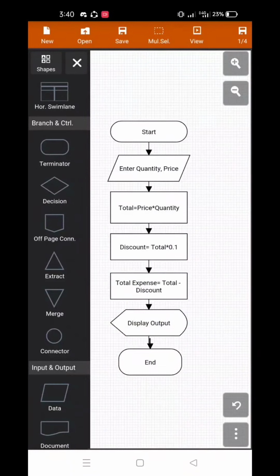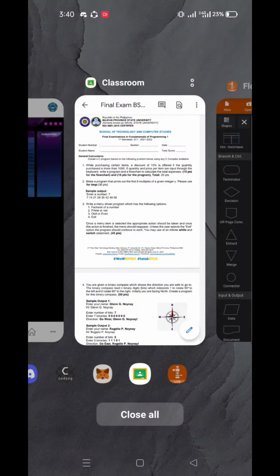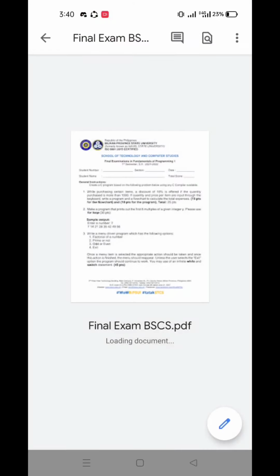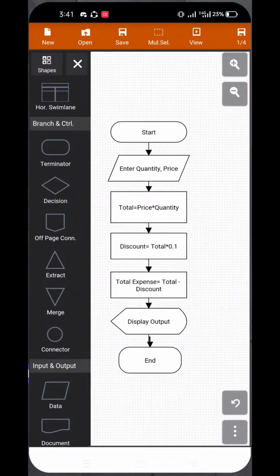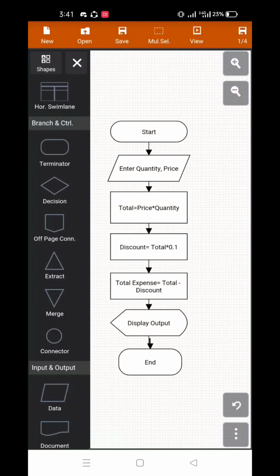So after that we are going to get the discount. So to get the discount we are going to put the 10% discount as said in the given problem here in the question. So 10% discount is equal to 0.1.